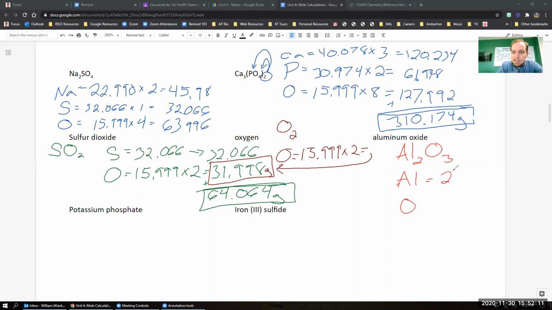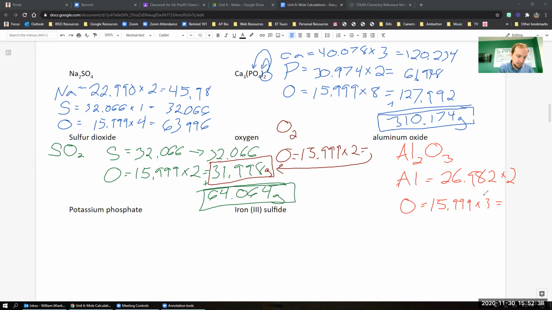Aluminum is 26.982. There are 2 of them. Oxygen is, again, 15.999. There are 3 of those.